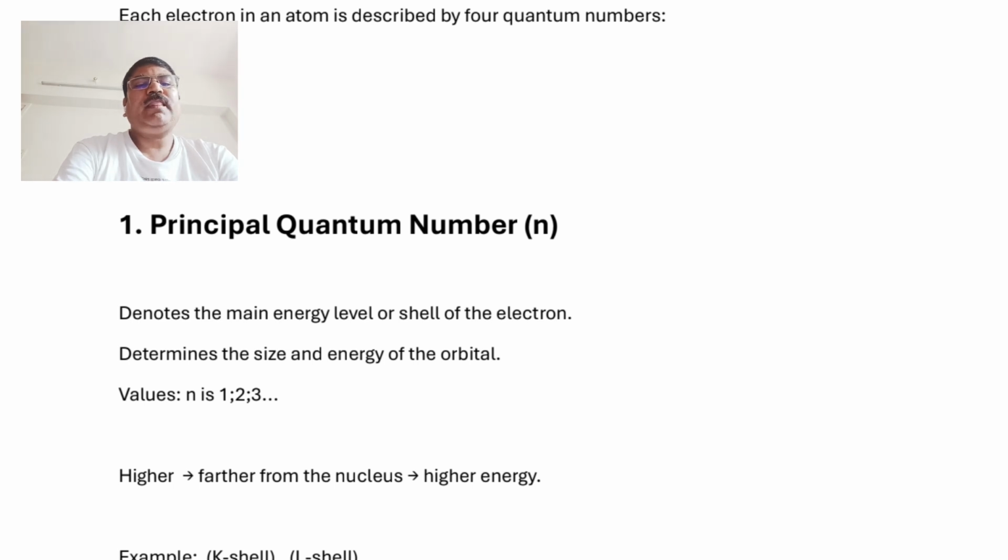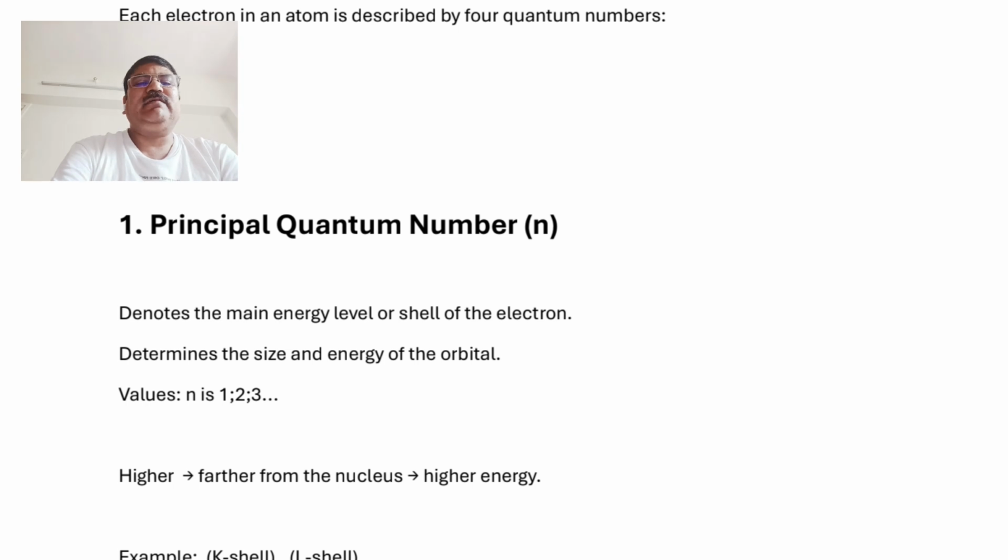Second thing, an orbital present far away from the nucleus is considered a higher energy level orbit, having a higher value of n. Suppose one electron is present in the orbit having n equal to 1 and another electron is present in the atom having energy level n equal to 3.